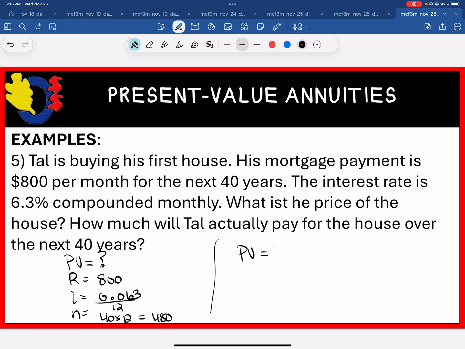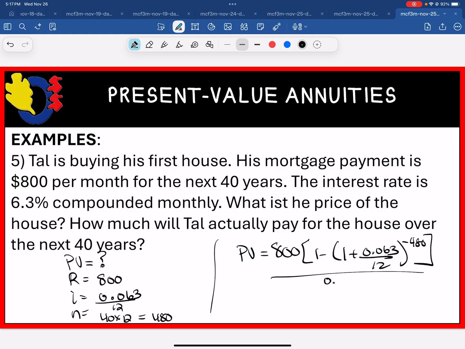Go ahead and substitute in. All right, plug it into your calculator.